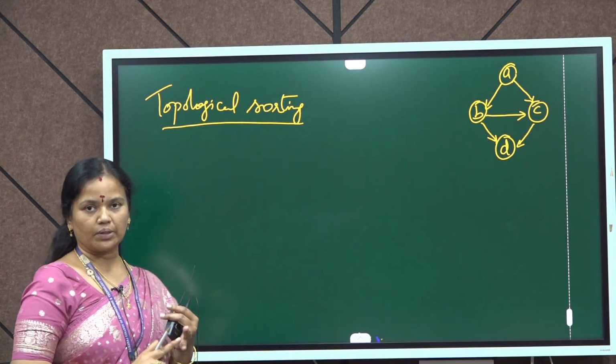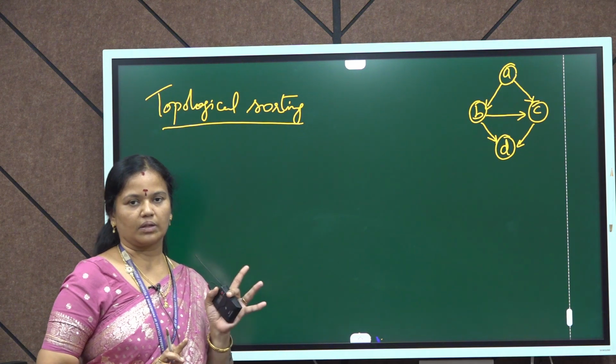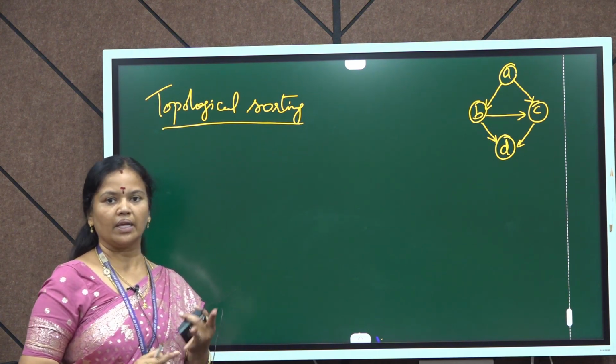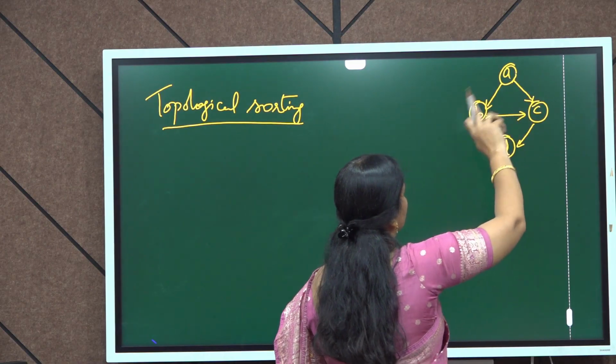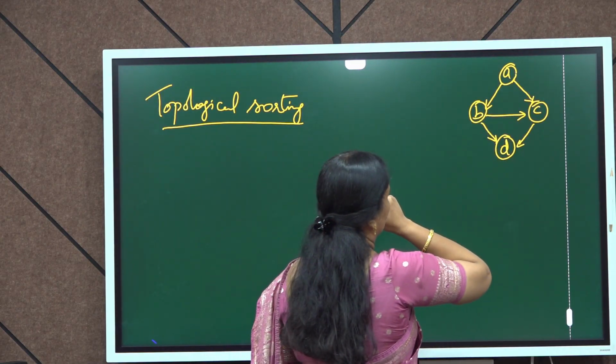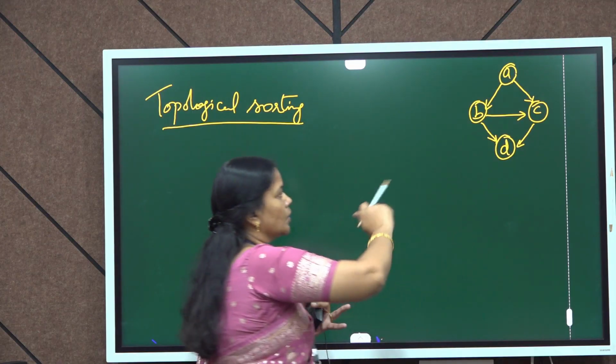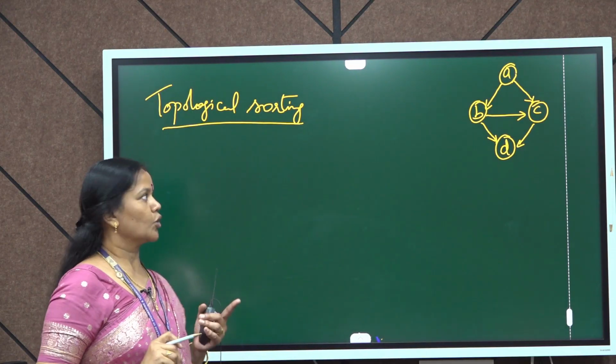First thing I have to consider is whether it has any cycle or not. If it has a cycle, then I can't apply topological sorting. First, let me check whether there is a cycle. No, there is no such cycle, so for this graph I can use topological sorting.